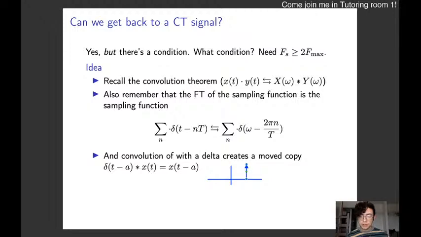So if we had a delta function, let's say at a, then if we convolve it with x, which is going to just be a box, because I love boxes, we get the original signal. That's convolution. But we get these two, so we get a box that's shifted over. That's the idea.